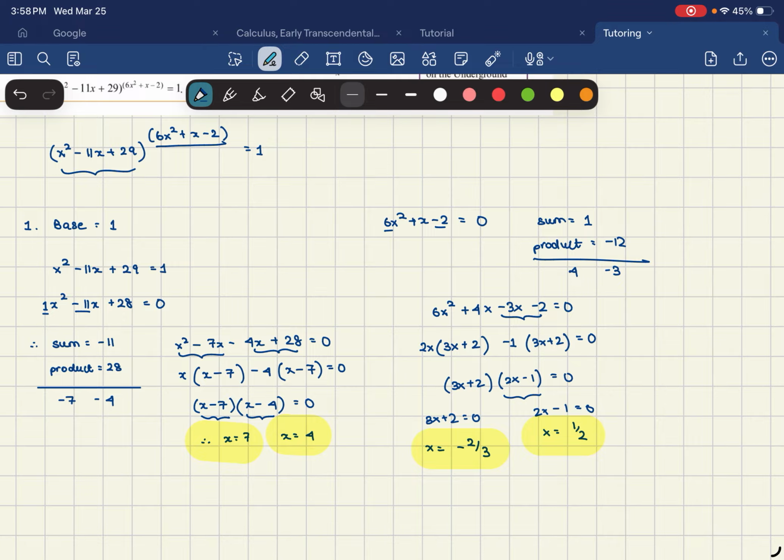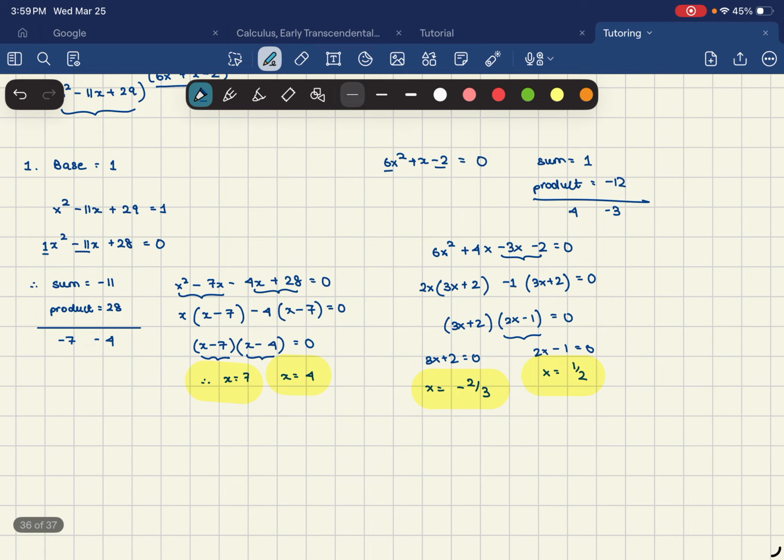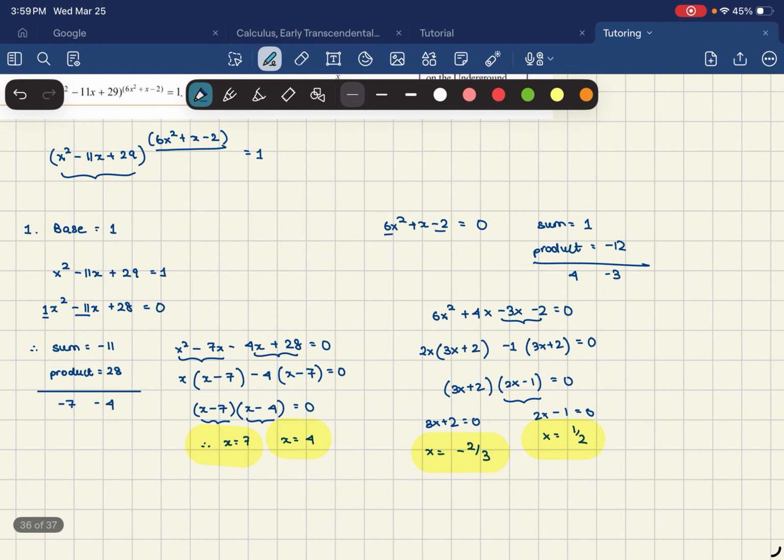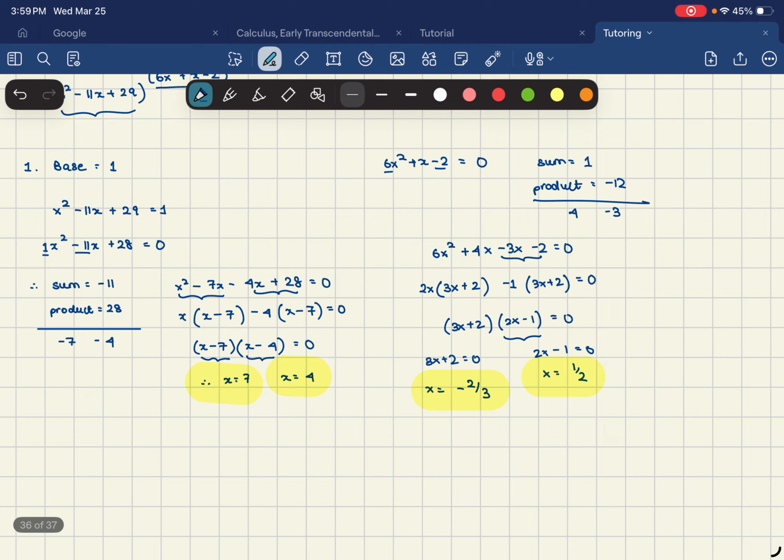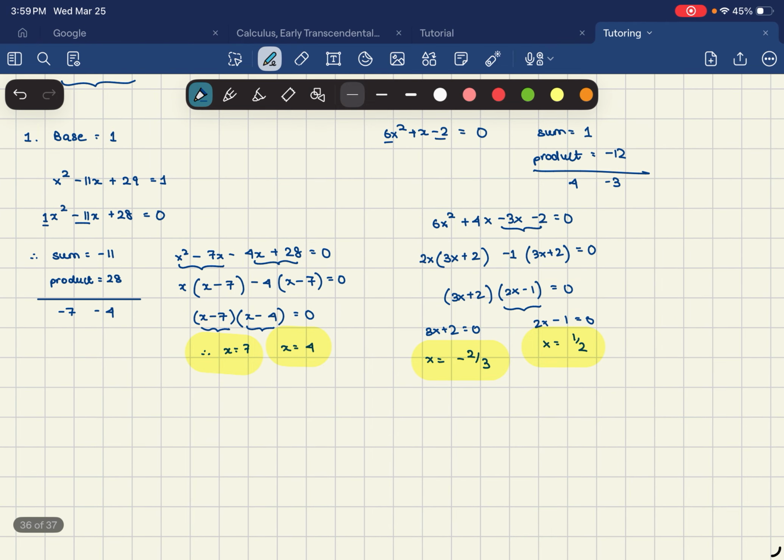In analysis, that would be an indeterminate form. So when my exponent is 0, I want to make sure that the base is not 0. And when does that happen? When we have common roots. Here 7 and 4 are distinct from negative 2 over 3 and 1 over 2, so I don't have to worry about having 0 to the power 0.